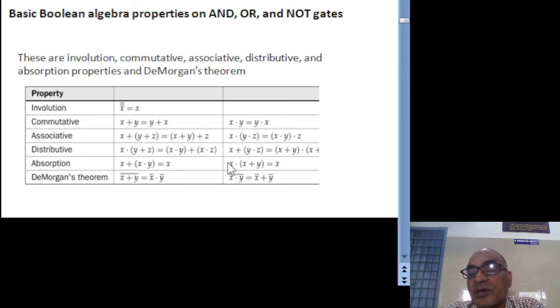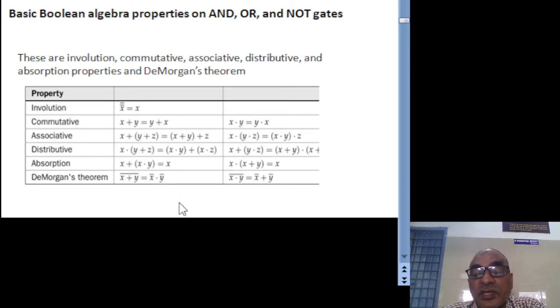Similarly, x of (x plus y) gives the x value. That means here the variable y is removed. Next, De Morgan's theorem. You have already studied De Morgan's theorem in DELD. So (x plus y) whole bar equals x bar y bar.